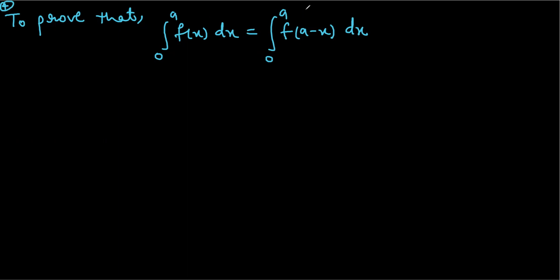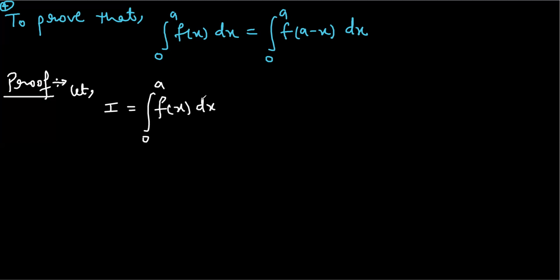So here I will begin with the proof. See students, I have to get this left hand side and right hand side equal. What I will do is, I will begin with my left hand side by considering it as integral I. So here I write, let I equal the integral from 0 to a of f of x dx.